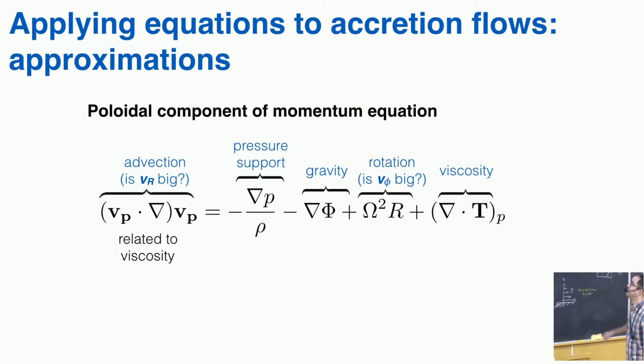You have the term responsible for the pressure support of your flow. You have gravity, you have rotation, and you have viscosity, which also transports momentum. And it turns out that we can classify all possible solutions of accretion disks by having a very qualitative understanding of the role played by the different terms in this equation.